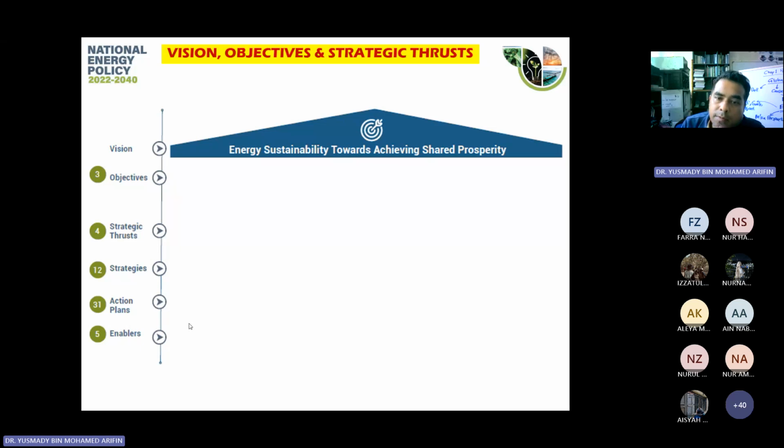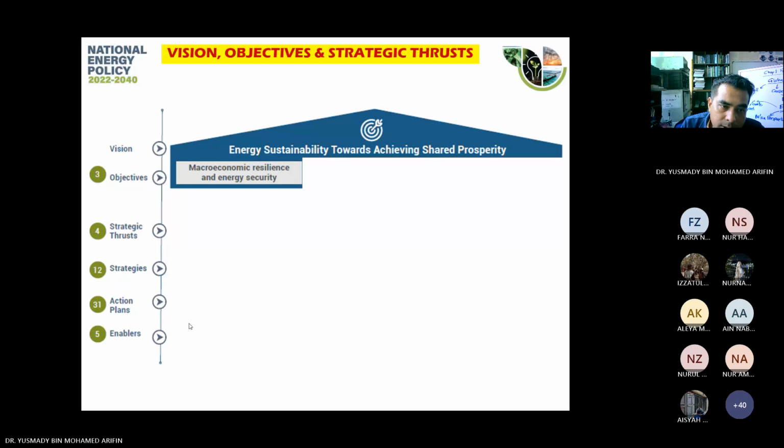So the government aim to use the energy sector in order to get higher economic growth, so that we can share the prosperities based on the energy sectors. Okay. The objective, yang ni kena detail sikit lah, yang ni you boleh baca lah.